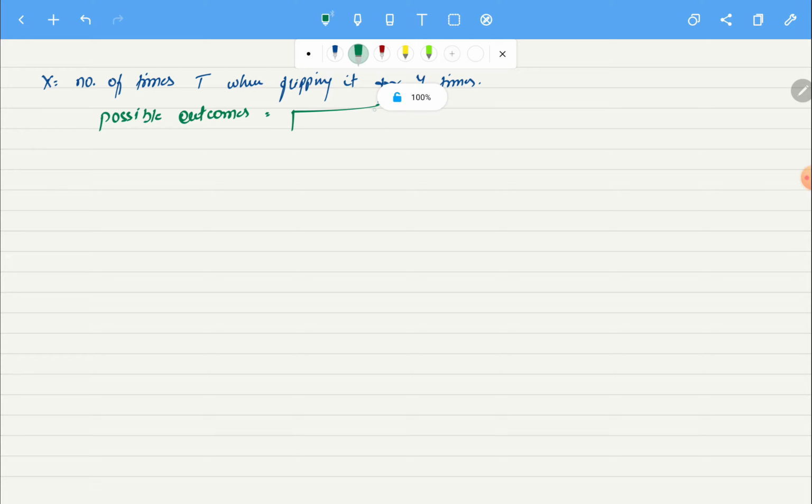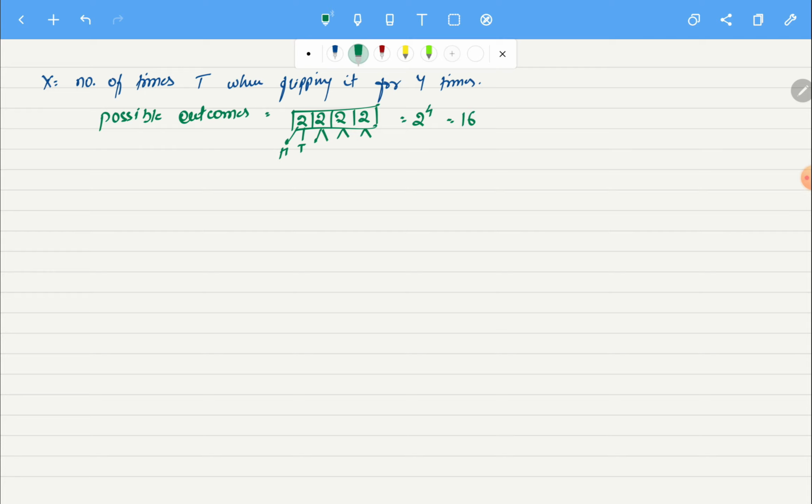So we have 4 slots, 4 coins. Each will have 2 possible outcomes, head or tail. Same for this one, same for this one, same for this. So each has 2 possible outcomes, so this will be nothing but 2 to the power 4, which is 16. So this is what we have here.